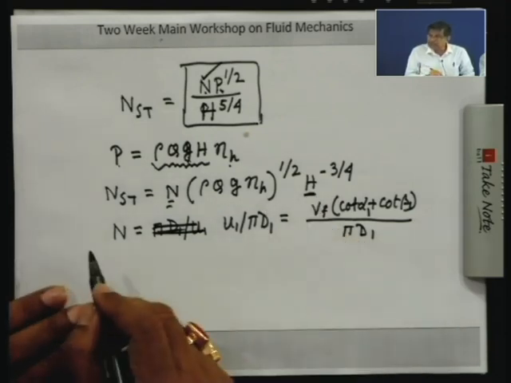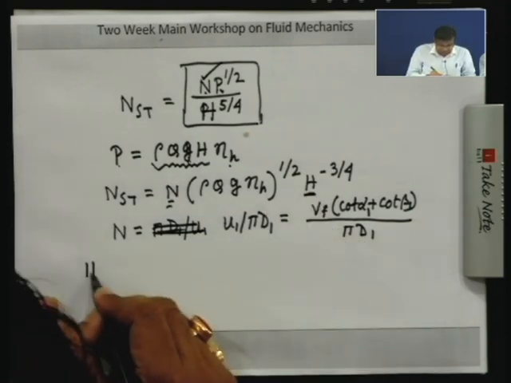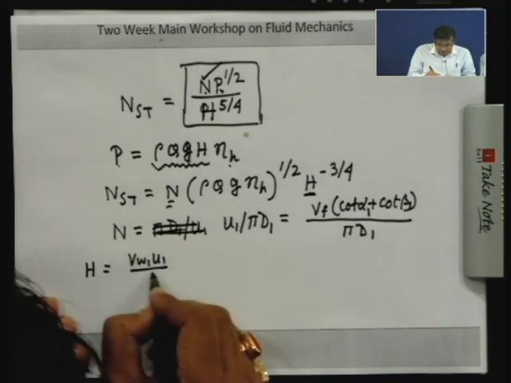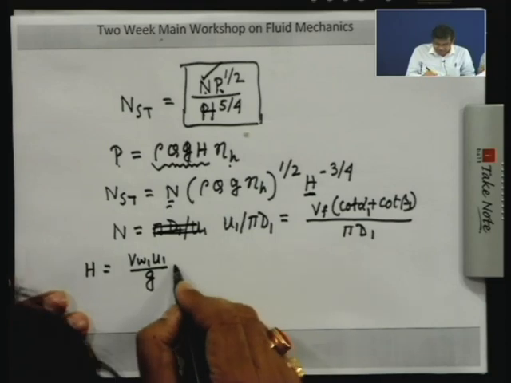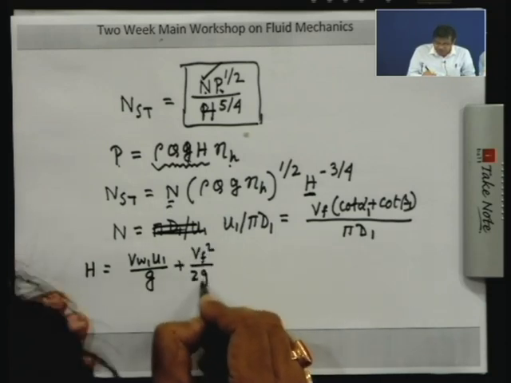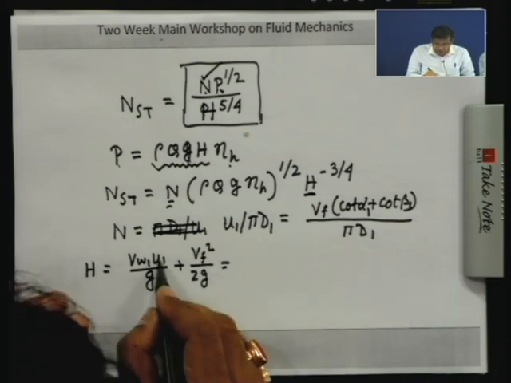H is the head at inlet to the turbine, that is Vw1 U1 by G plus the losses, that means Vf square by 2G, we already developed. And what is Vw1 U1 by G?